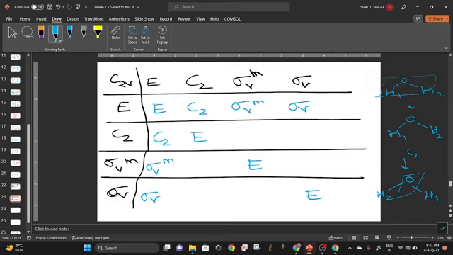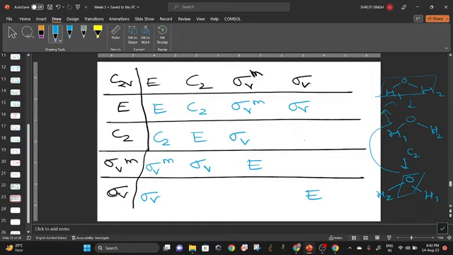So this will be sigma V. And the same, C2 times sigma V will be sigma V. Now next, these two, sigma V and then C2. Sigma V molecular plane. Yes, in the opposite direction you go, and from the opposite side you will get back this, right?